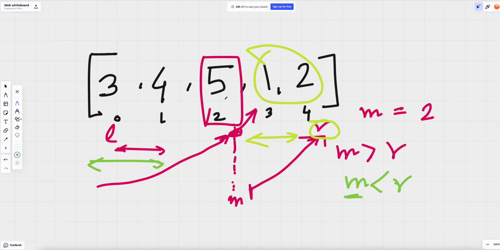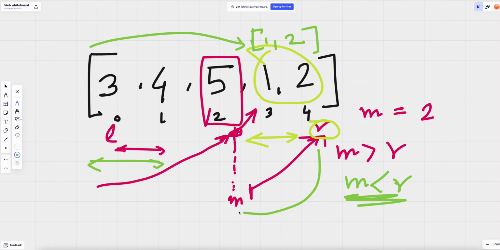If my mid is greater, I'll shift my left over here, so now my resultant array will only have 1 and 2. Similarly, if my right is smaller, we will move our right this side so that we can search over here. At last, whatever value is left will be our result.